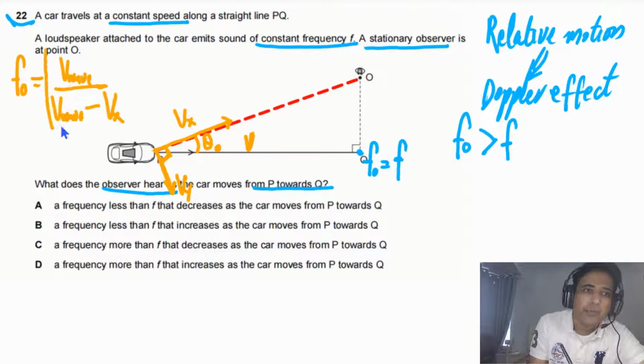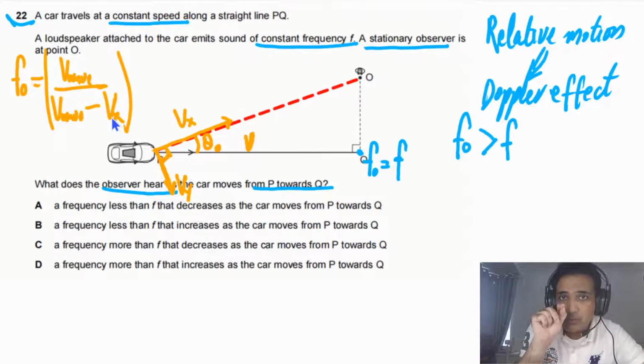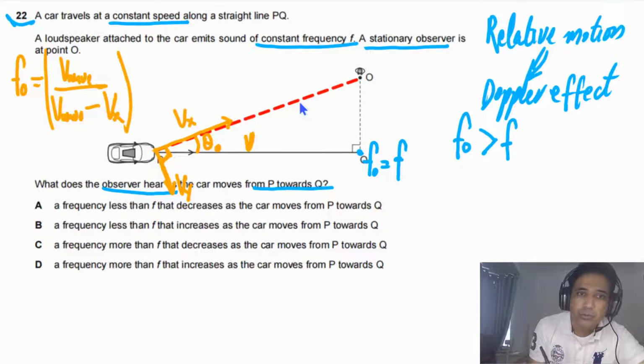Very important: not only the speed of the source, you have to take the component of the speed of the source that causes relative motion. So in this case, the relative motion between source and observer is due to Vx.